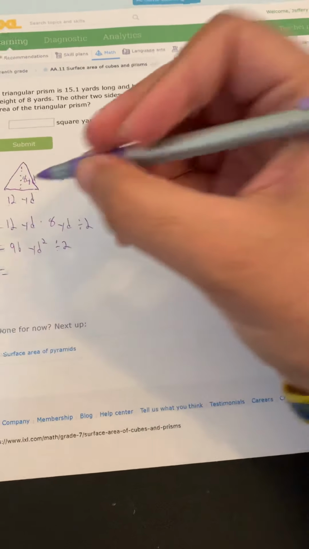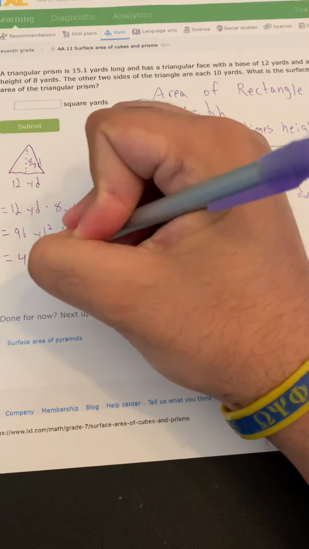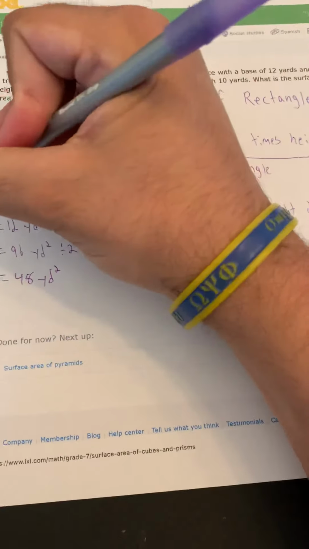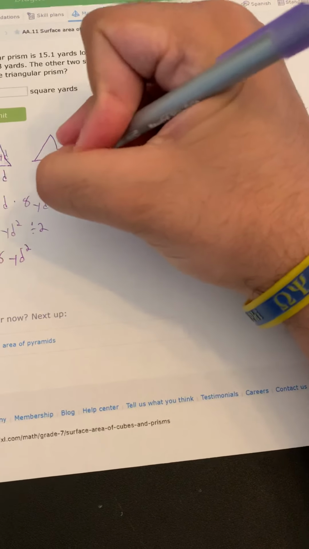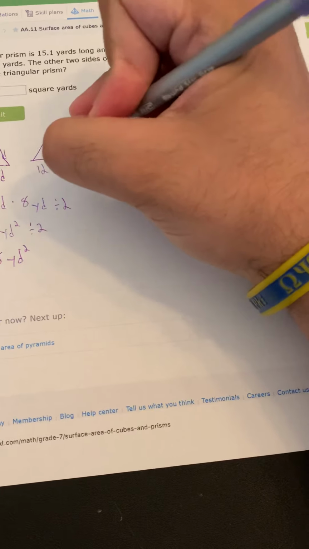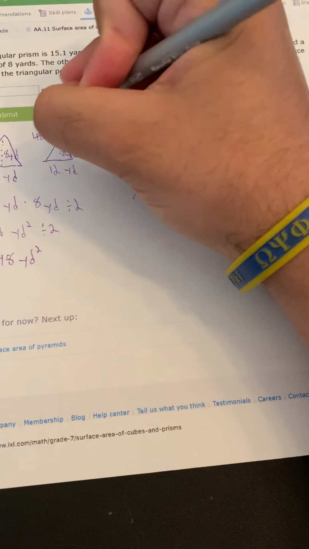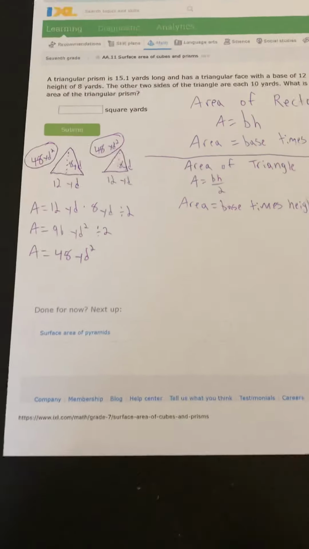A equals 96 divided by 2 is 48. So that means this is 48 yards squared. If you have another triangle of those same dimensions, 12 yards by 8 yards, that's also going to be 48 yards squared.